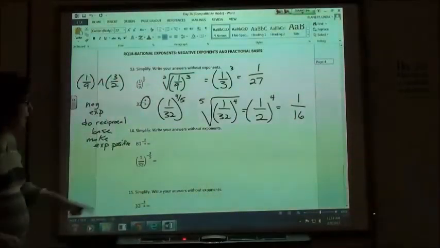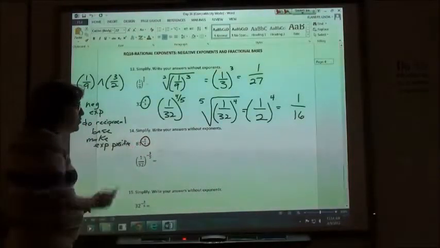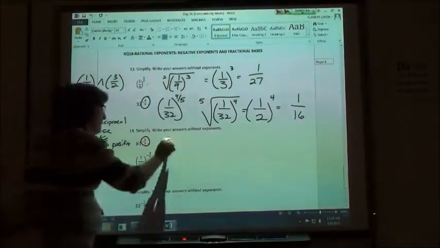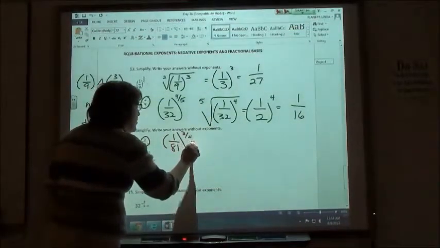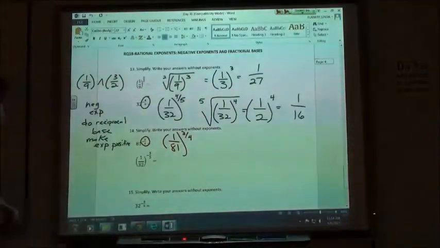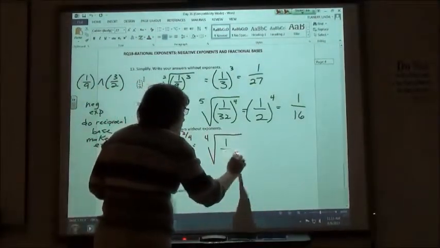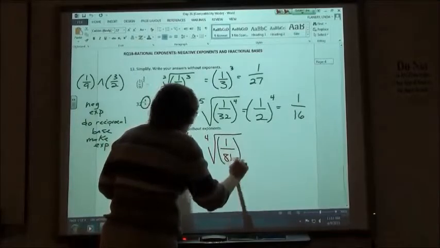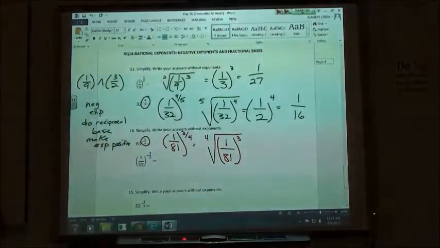Here again, I look at this and say, oh, my exponent is negative. I've got to do the reciprocal of 81. 1/81 to the positive 3/4 power then. I'm then going to do the 4th root of 1/81, and I've got to cube that answer. 4th root of 1/81. Well, we did 2 to the 4th. That was 16.